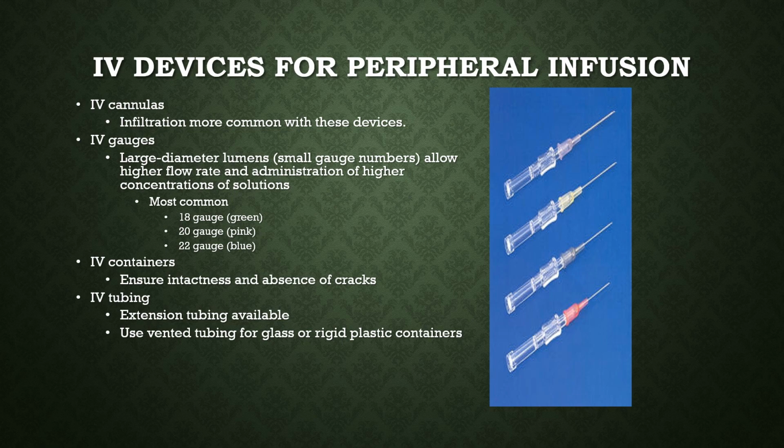Okay, so the first thing we're going to talk about is what is an IV? An IV obviously stands for intravenous device. It is a device or a means to give a patient fluids or medications through a vein. So again, should be basic review for you.